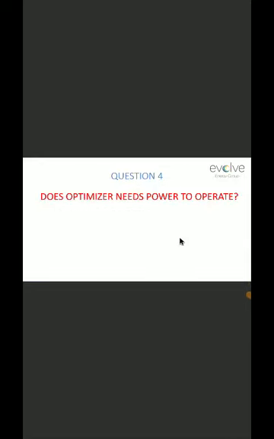Another short question. Does the optimizer need power to operate? You can write your questions. Oh, sorry, you can answer. Also, you can write your questions. No problem. Yes, I can see very specific answers.